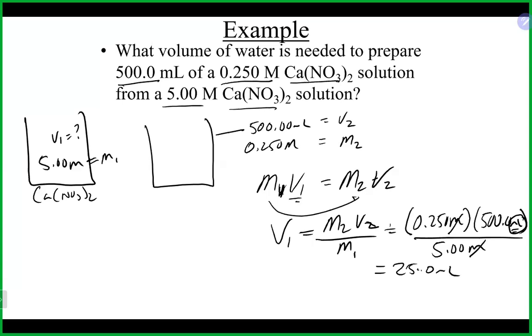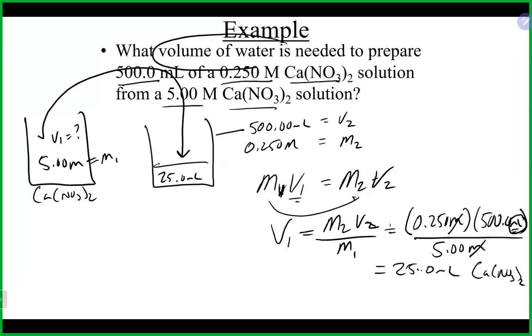Now, that 25 milliliters is 25 milliliters of calcium nitrate that we're going to take out of this container, and that's what we're going to put into our new container. Remember here, though, that very commonly on dilution problems, they're interested in how much water you need to add with it. So the volume of water is typically V2 minus V1.